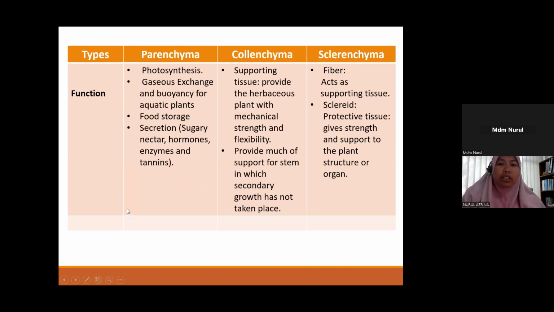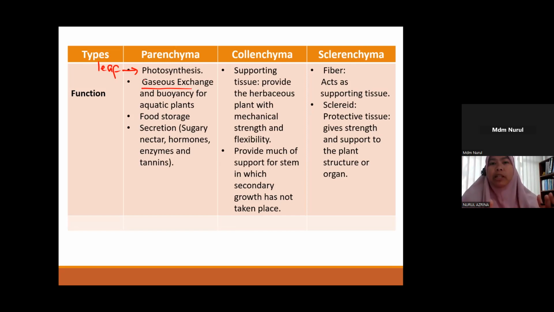Okay, now in terms of function. Remember parenchyma cells can be found in leaf. Leaf is a very important organ for photosynthesis. So in other words, parenchyma cells are involved in photosynthesis. As it is found in leaf and also has a lot of intercellular air spaces, it is very good for gas exchange and provides buoyancy for aquatic plants.